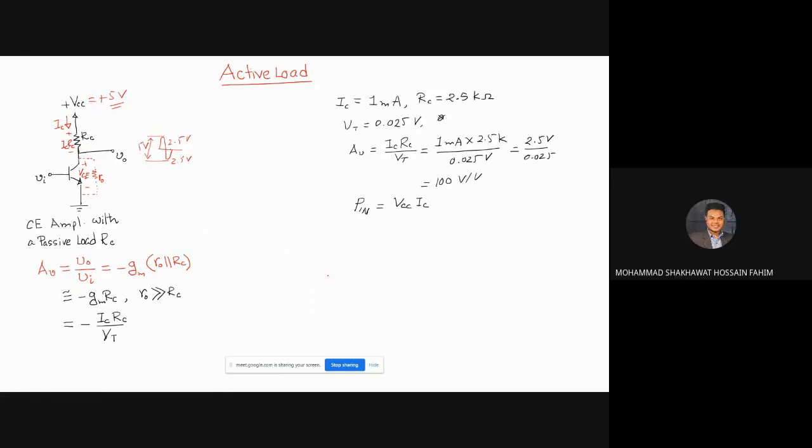Yes, sir. Sir, can we have different source voltages for any cascade configuration? It's better to have the same voltage level for the power supplies, because if you're using two different voltage levels, then you'll probably need two batteries to power your amplifier.